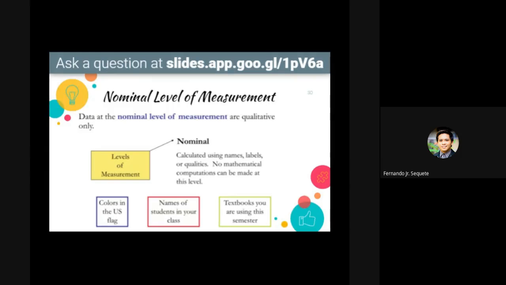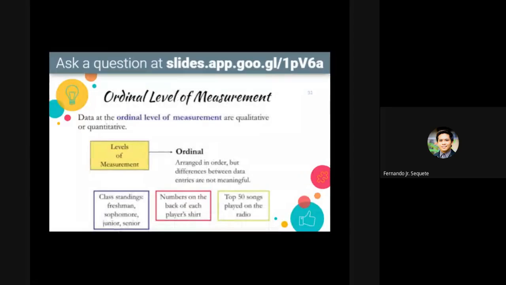Meron tayong colors in the US flag. Pwede ding names ng mga estudyante sa BS Ed Sciences. Names of the students sa BS Ed Socstat. Something like that. Okay? That is nominal. Next, ang next level will have ordinal, arranged in order, but differences between data entries are not meaningful.